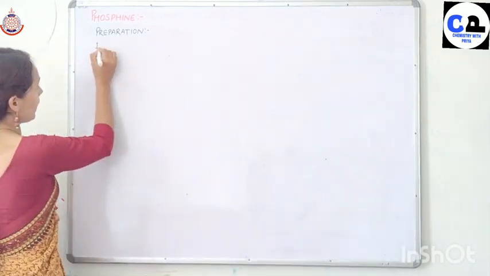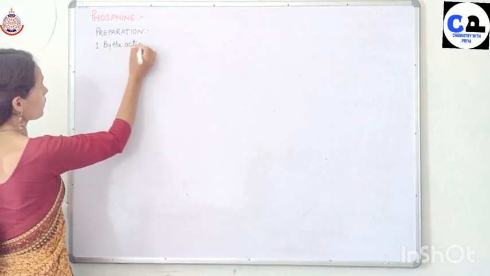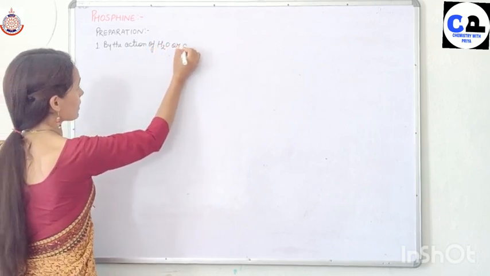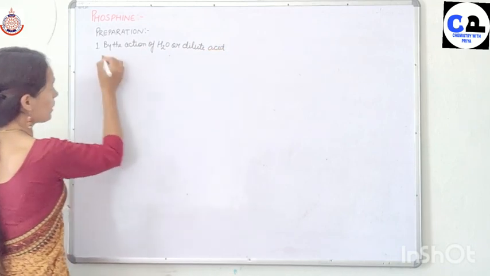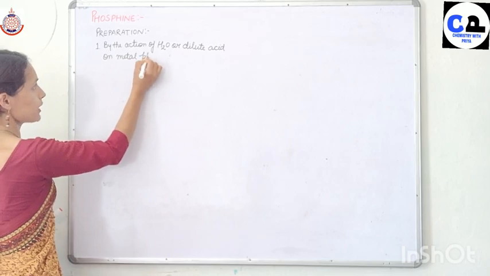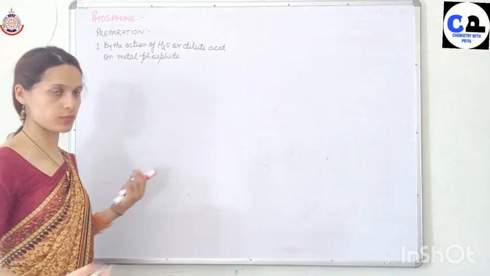First of all, by the action of water or dilute acid on metal phosphide. When we react metal phosphide with water or dilute acid, we get phosphine.